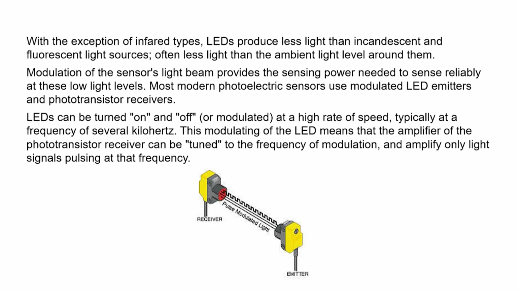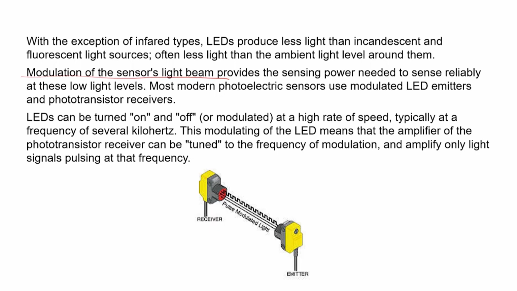Now, with the exception of the infrared ones, LEDs generally produce less light. So, that LED reflection that you get back is generally pretty weak, and hence instead of directly measuring the intensity, many times we depend on the modulation of the sensor's light beam.